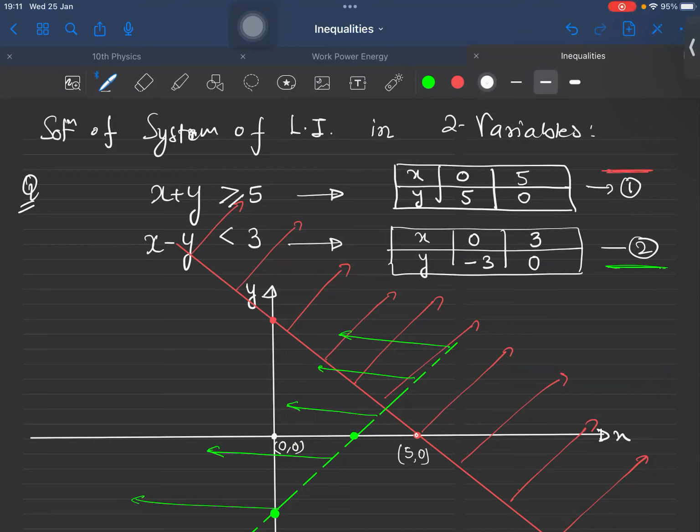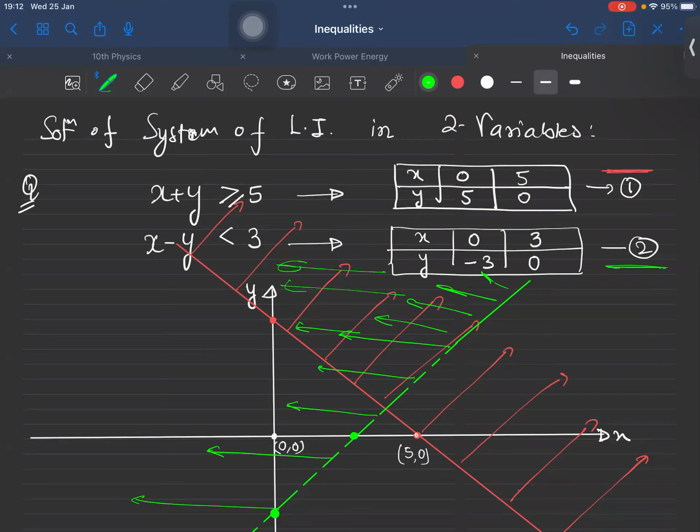Now, which is the common area in both? Let me extend this one. So which one is the common area? This one, right? These values are the common area.